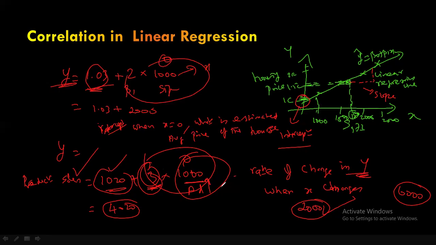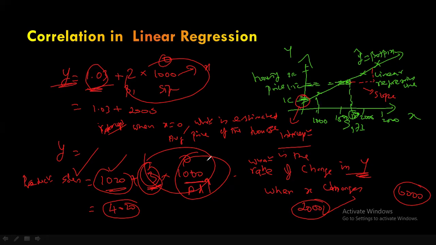And what is slope? The rate of change in y when x changes. In this case, the sales increase 3 times when the value of your x changes. Here, x is your advertisement spend.